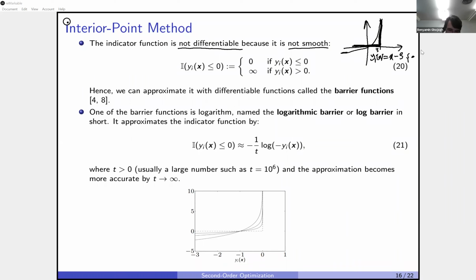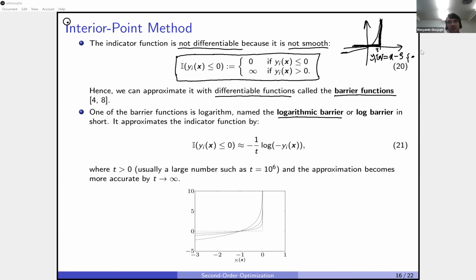So we can approximate this indicator function by differentiable functions. Many differentiable functions we can use, and these are called barrier functions. One of them is the logarithmic barrier. So we can use different functions which can approximate this. Not only logarithm can work. Many different smooth functions can work. One of them is the logarithmic barrier, or log barrier in short.